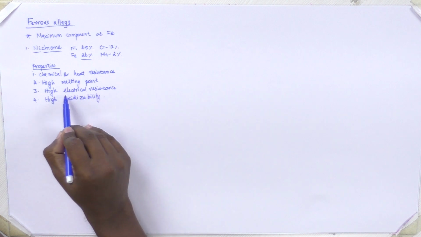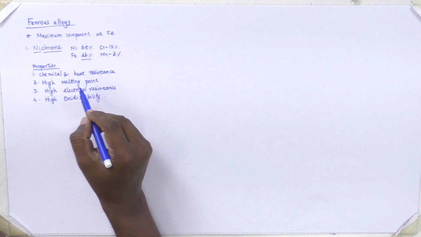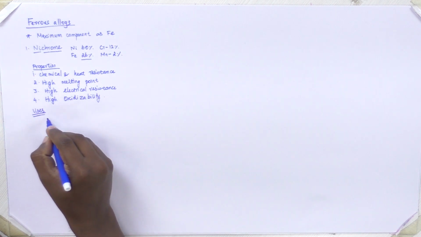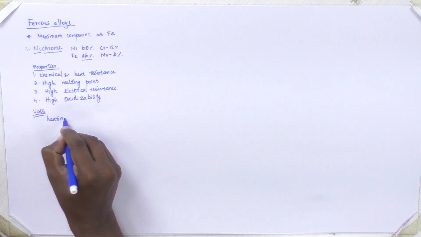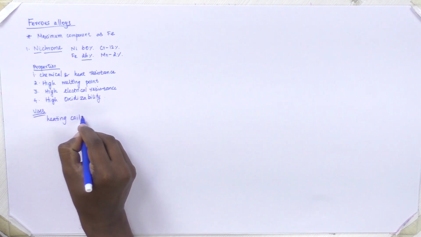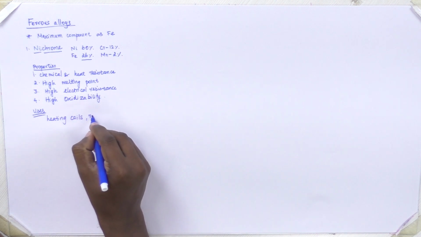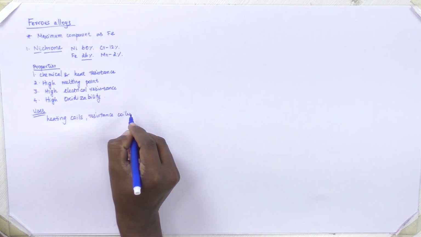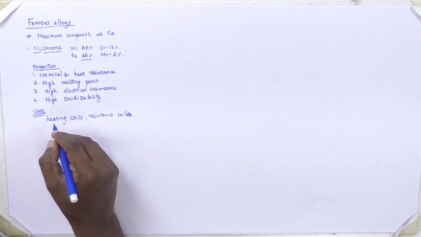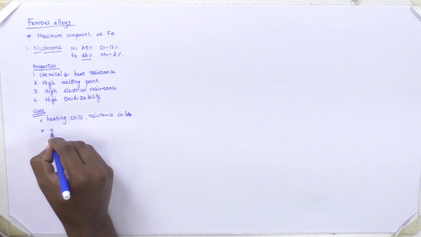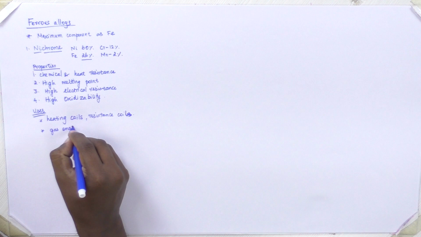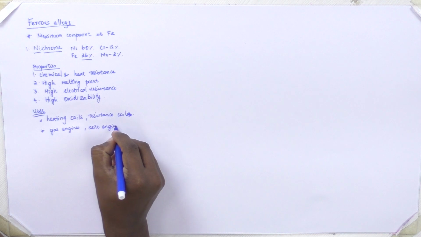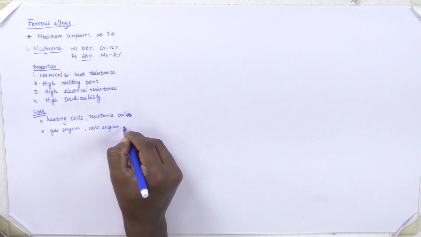Since it has high electrical resistance and a high melting point, it is used for heating purposes. That's why it is used in heating coils, resistance coils, and it is also used in gas engines, aero engines, and valves.